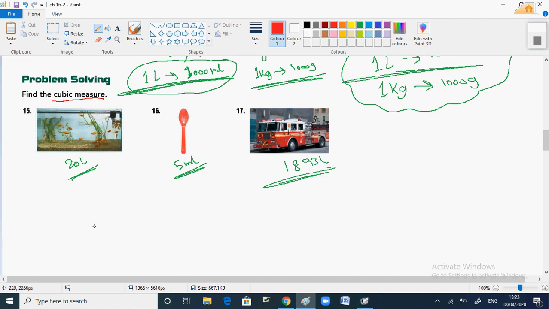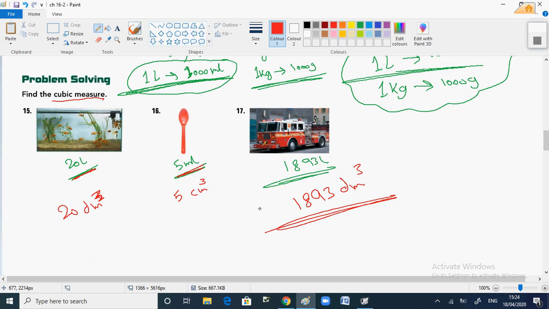So here I have 20 liters. That means I have in cubic measure 20 cubic decimeter, and here I have 5 cubic centimeter, because milli. Here I have liter, I can say 1,893 cubic decimeter.